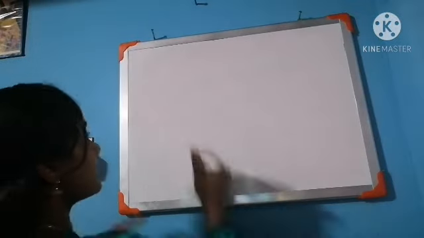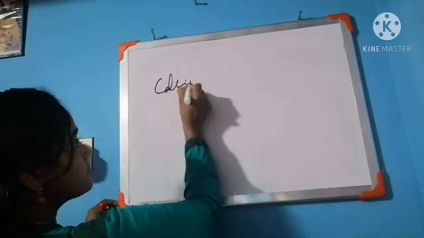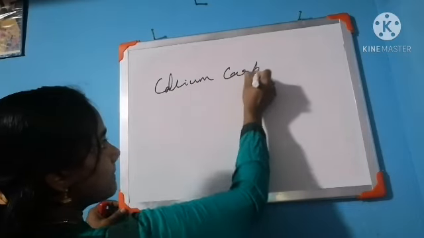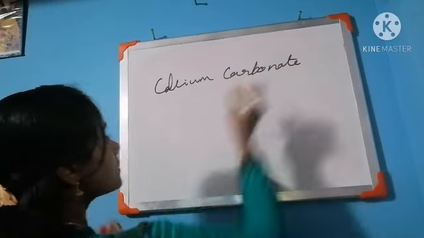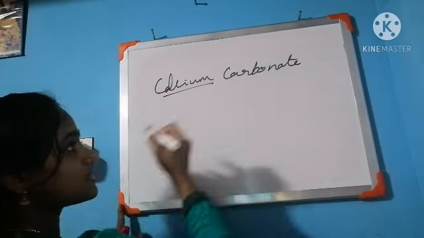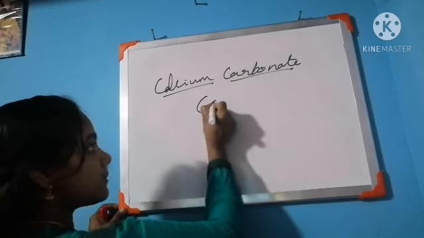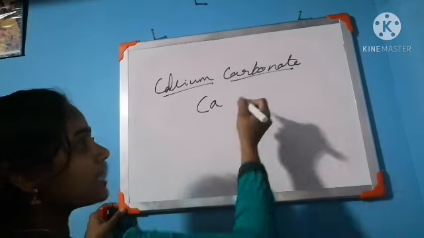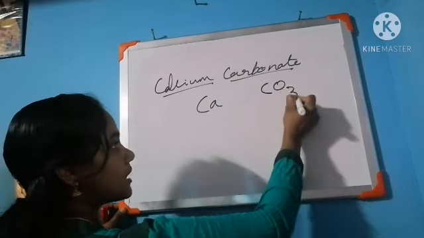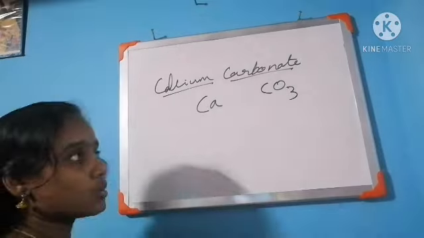Next example, write calcium carbonate. Which elements are there? Calcium is there, and carbonate is there. The calcium symbol is Ca. Carbonate is CO3. Calcium valency is 2 and carbonate valency is 2. Cross multiply. We join calcium and carbonate together.